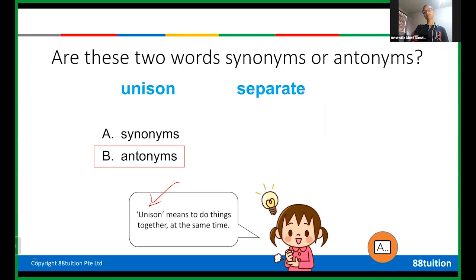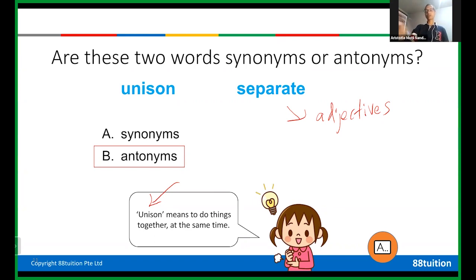Separate is an adjective. Separate books, separate TV, separate rooms. So how about unison? Can you say unison boy?